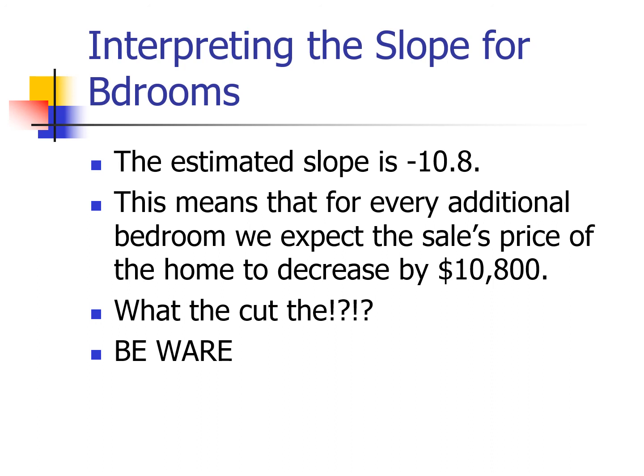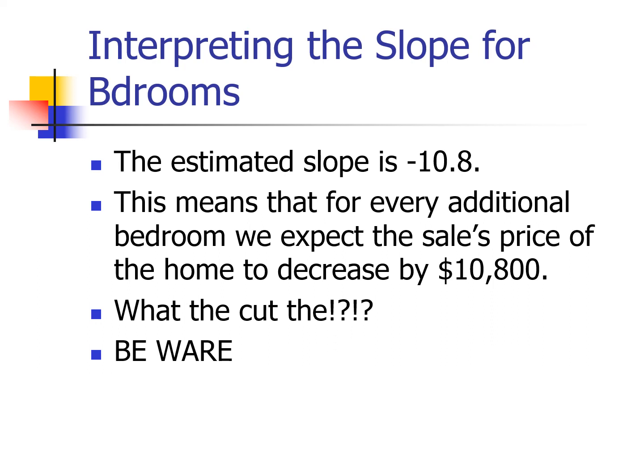Exactly. My interpretation is not entirely correct, which is why we have to add that caveat. The caveat is, we expect it to decrease by $10,800, all other variables held constant. What are our other variables? Our other variables are the square footage of the house.